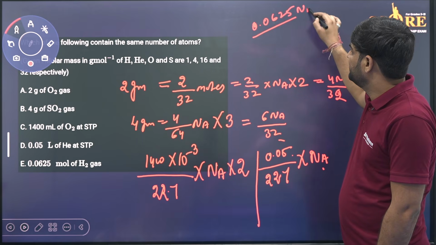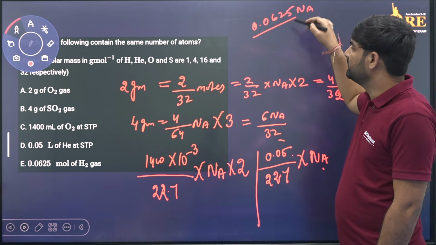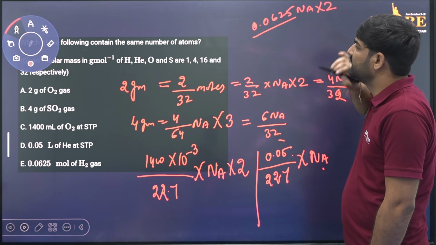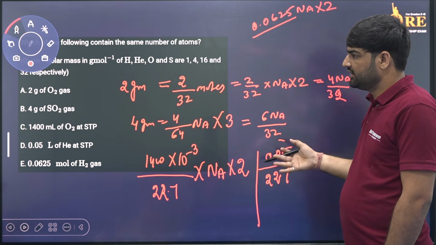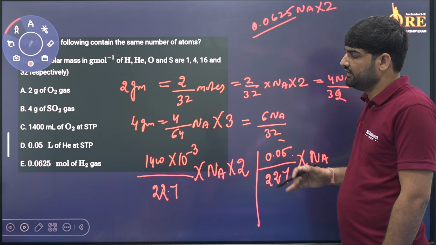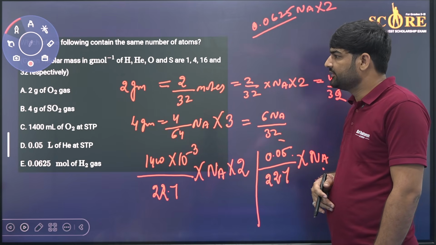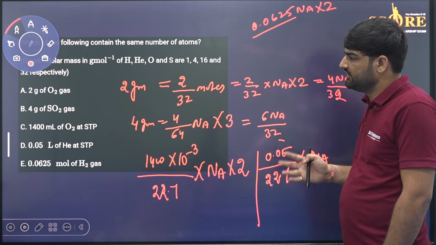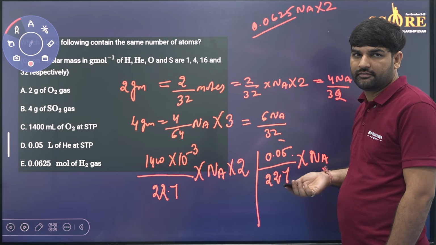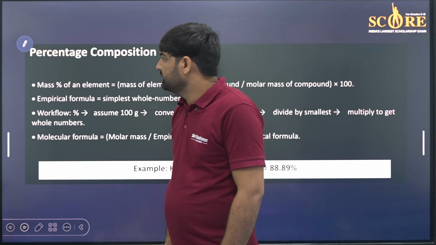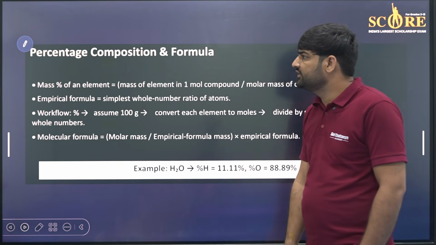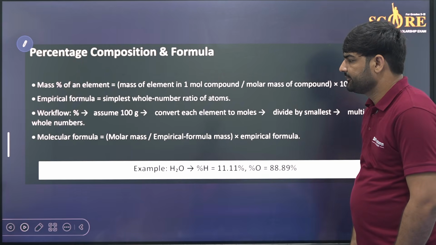If we multiply by this Na, this will be the molecules of H2, and this will be the number of atoms of hydrogen. So by this we can calculate in each case the number of atoms, and then we will find in which of the following cases the number of atoms is the same. Then we will decide. Now next is percentage composition and formulas.